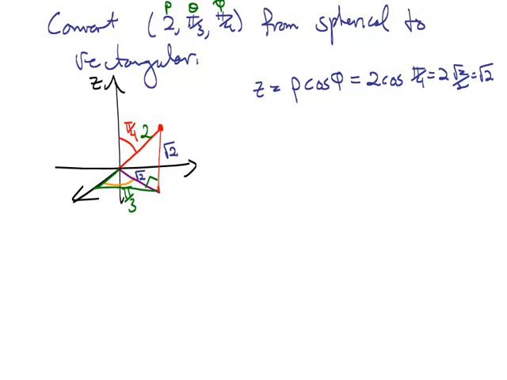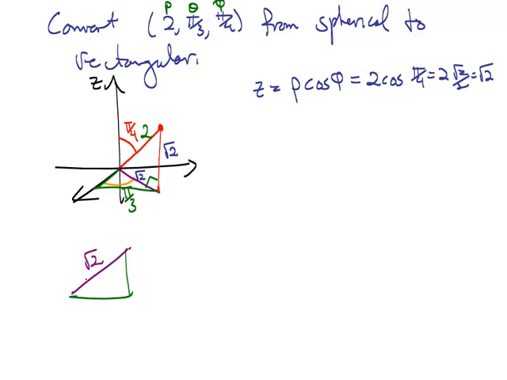If you take a look at this triangle, I'm going to pull this one out. Let's do it this way. Here, here, and here. This is the square root of 2 units right here.